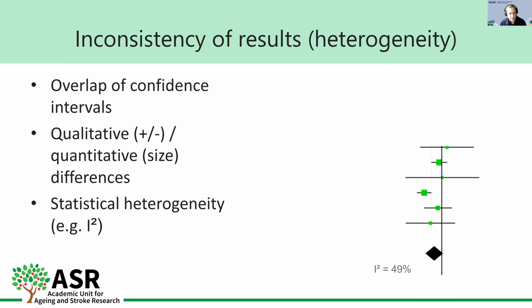But another consideration is whether the heterogeneity is qualitative or quantitative. To give an example of qualitative, some of the studies are estimating harm and some of the studies are estimating benefit, or whether it's about the difference between, say, a large effect and a very large effect, but both in the same direction.